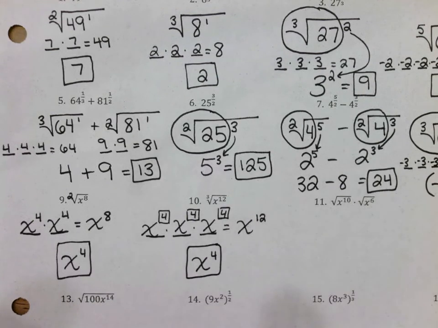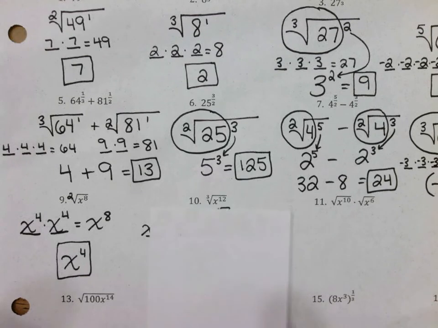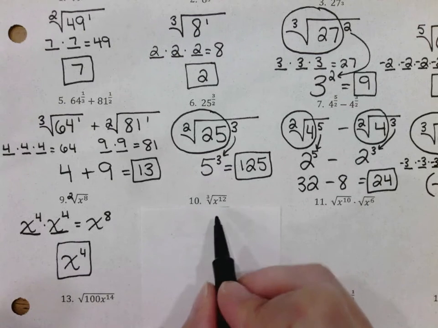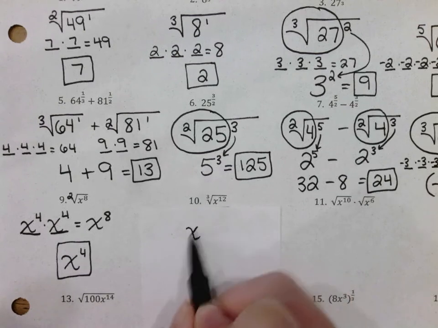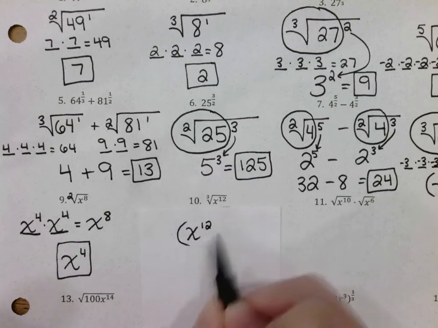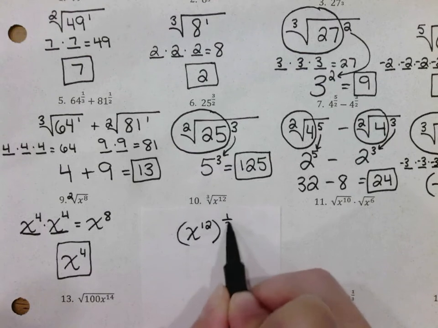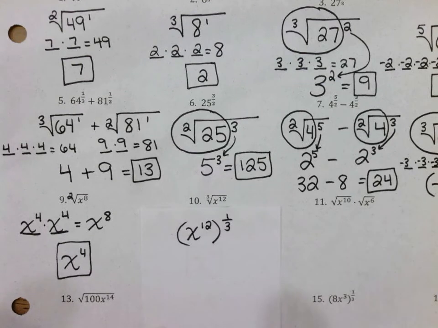And I'll show you another way to do this problem if the guess and check is a little too crazy for you. We could have converted this to exponent form. We could have said, okay, this is really x to the 12th all raised to the 1/3 power.